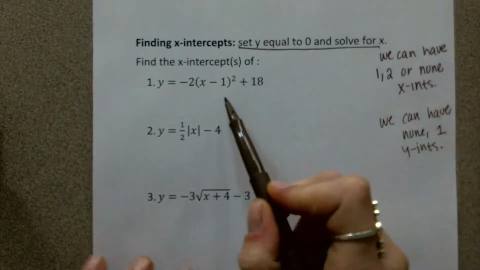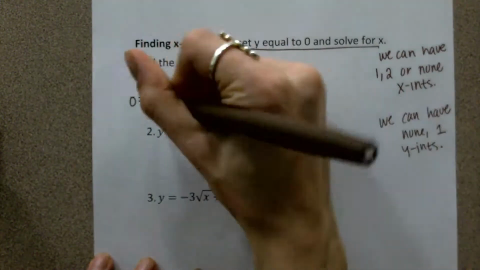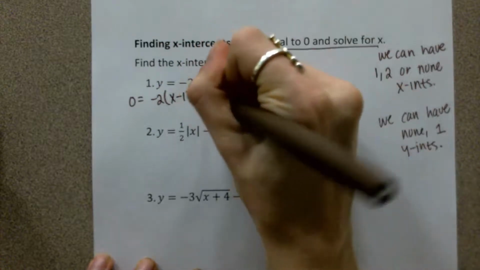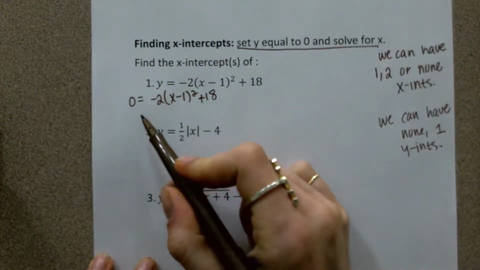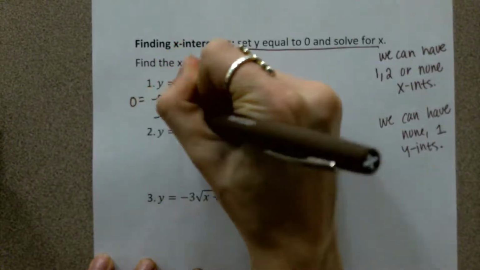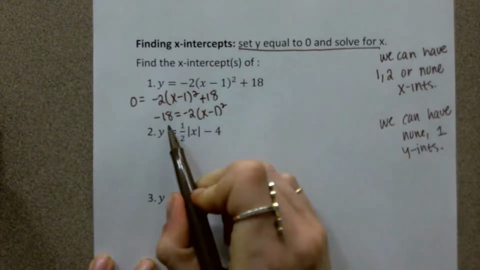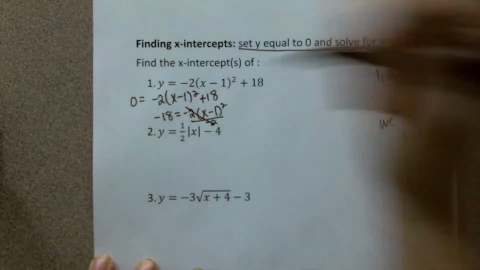So for this example right here, we want to set y equal to 0, so we have 0 equals everything else. We want to subtract this 18 over to the other side. We want to get x by itself. Okay, so we have negative 18 equals negative 2, dot, dot, dot. Okay, we want to divide by negative 2 to get rid of this.